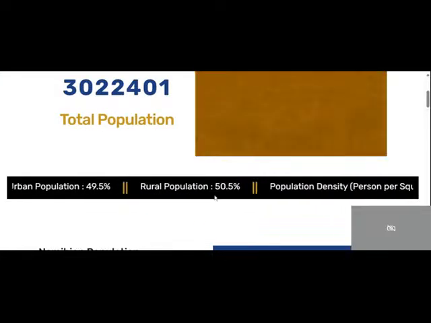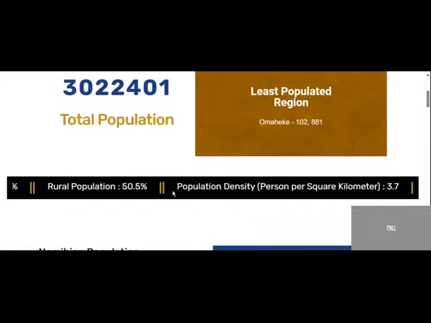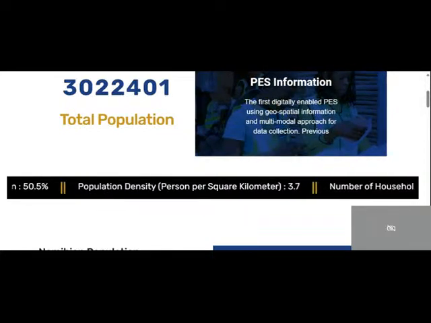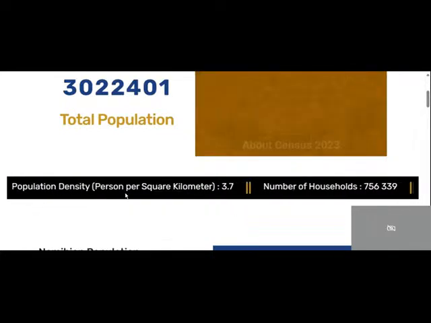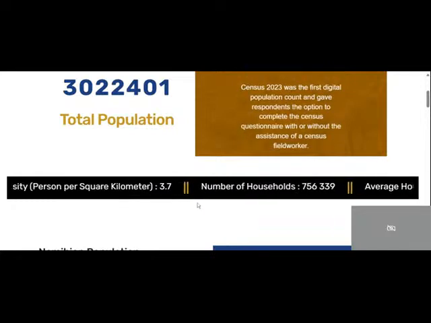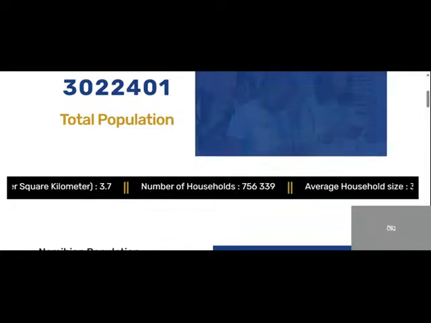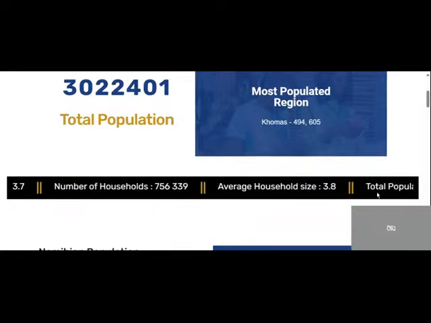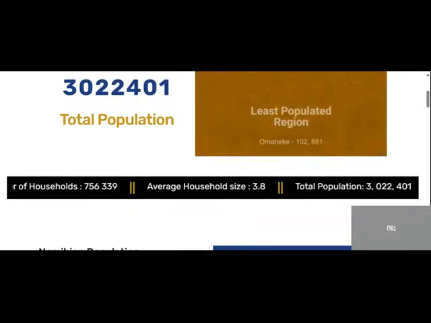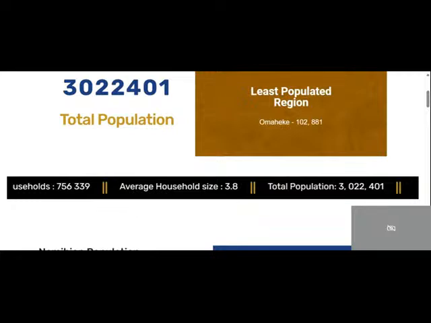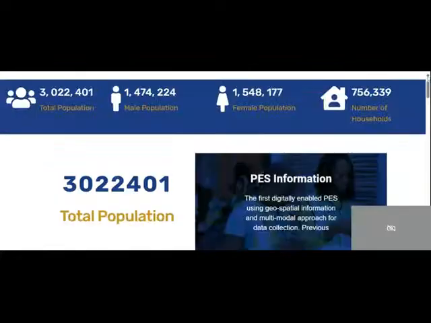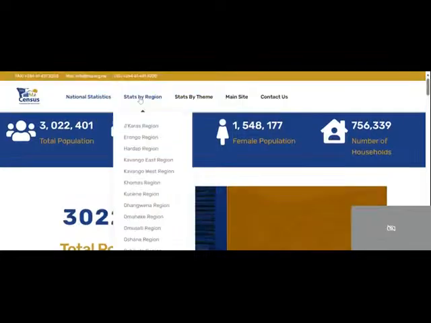Rural population is 50.5%, and then number of households, population per square kilometer 3.1, average household 3, total population 3,022,000. What is this? Jokes?